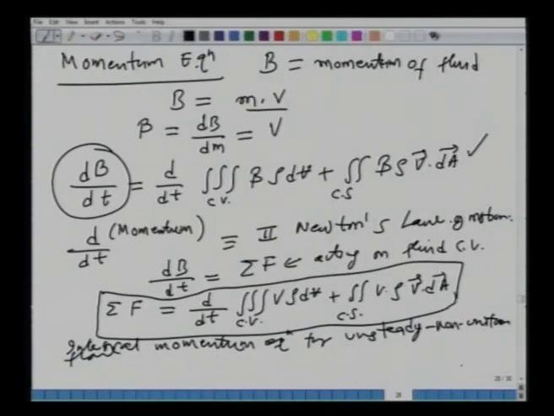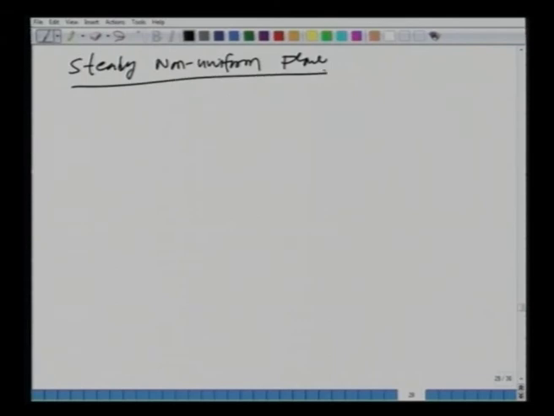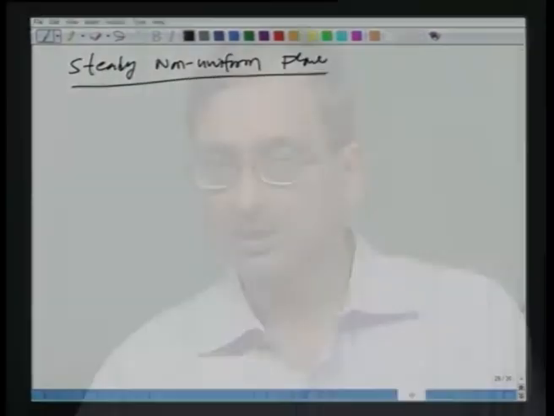Okay. So let us move on further, and if we want to write out this equation for steady non-uniform flow, if you want to write out the momentum equation for steady flow, but it may be non-uniform, what will happen is the things are not changing as a function of time.